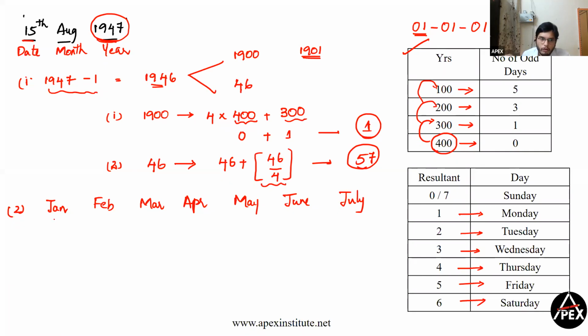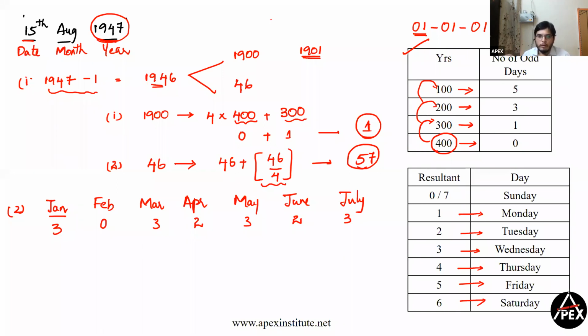How many odd days do we have in Jan? 3. Now, is 1947 a leap year? No, 1947 is not a leap year. So you will have 0 odd days in Feb. Again, 3 odd days in March, 2 in April, 3 in May, 2 in June, and 3 in July.